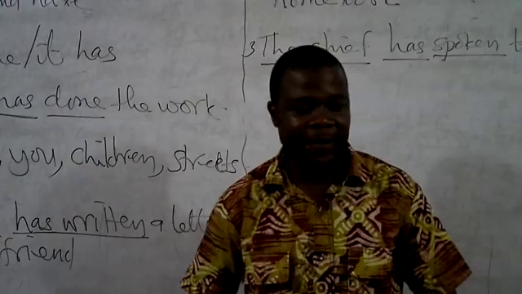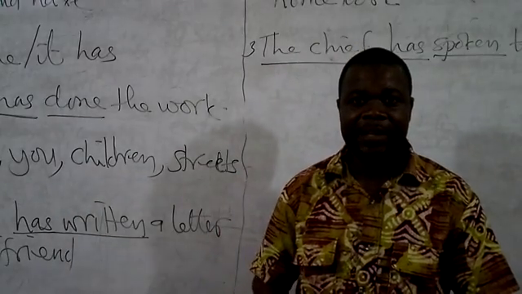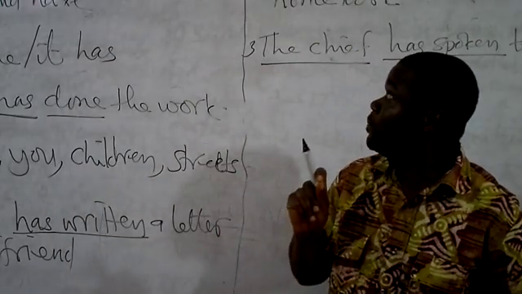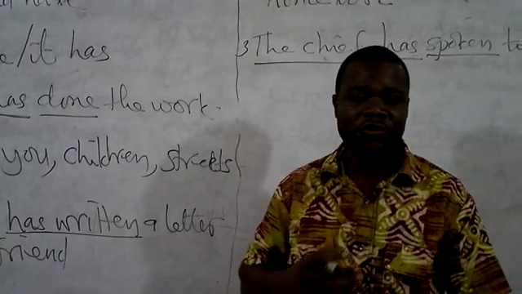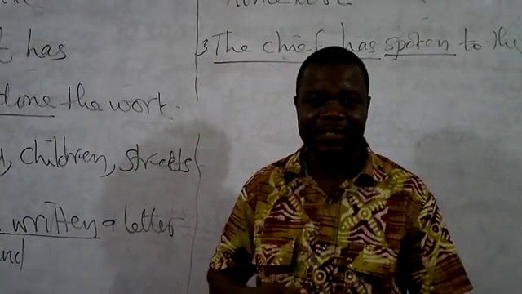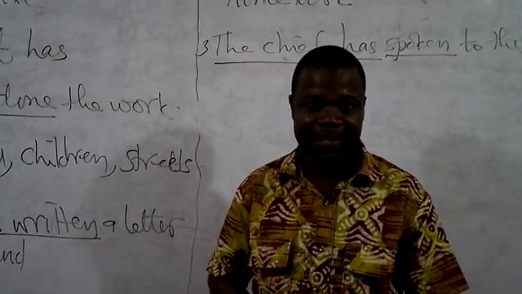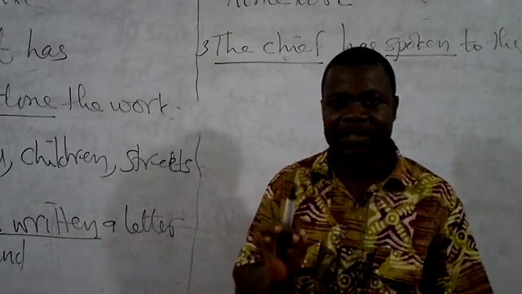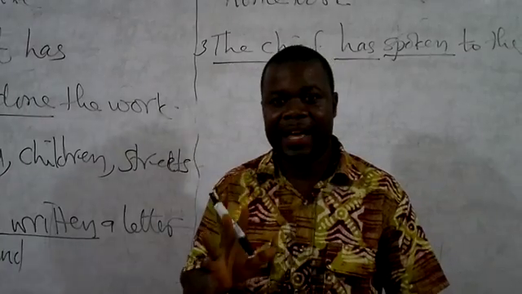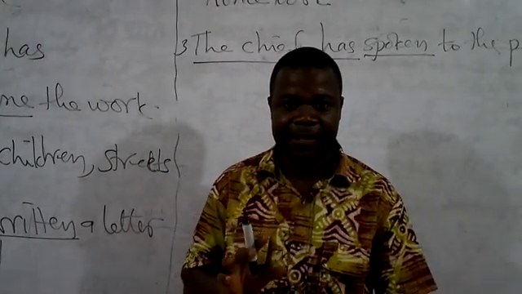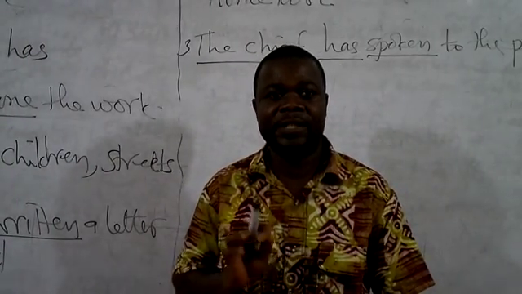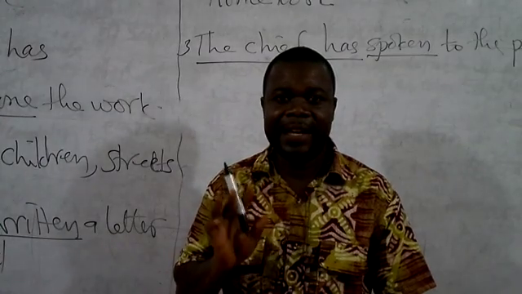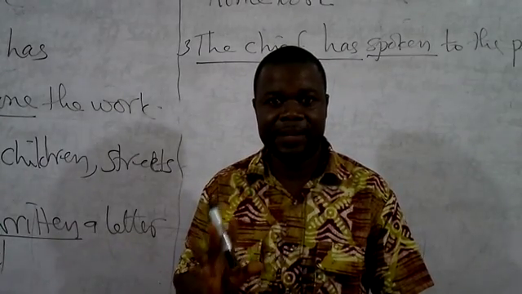So far, like I have said, the present perfect tense is used to show an action which has just taken place. And it is identified by two auxiliary verbs, that is has and have. And has is used for singular subjects and have for plural subjects.